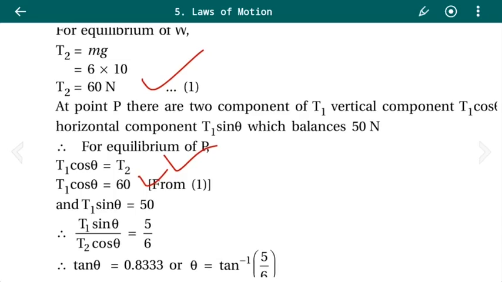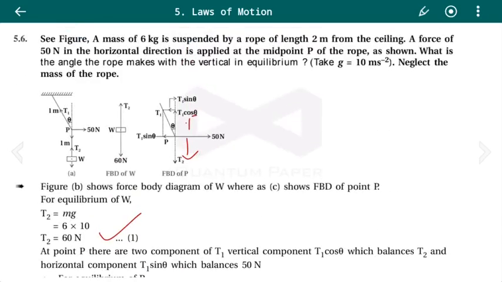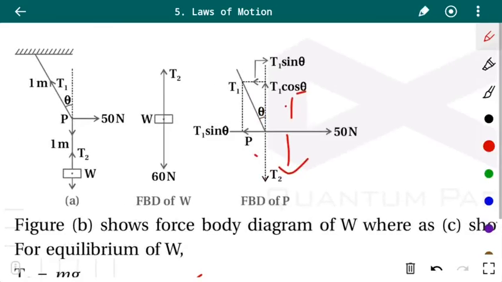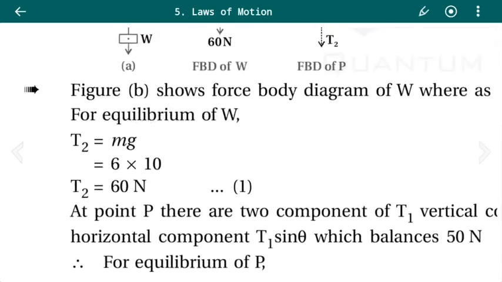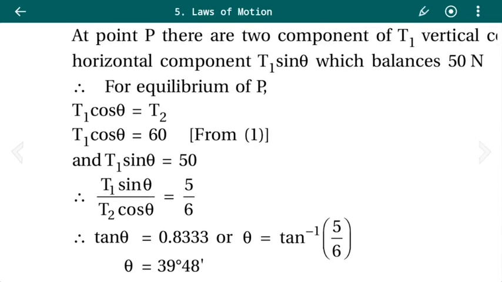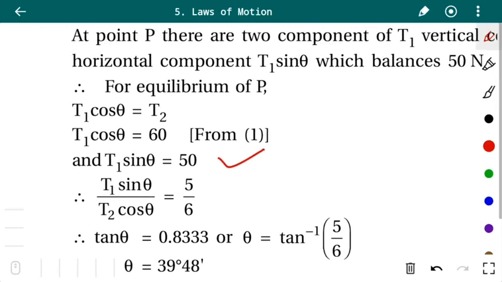Now from the figure we can see that in the horizontal direction T1 sin theta is in this direction, 50 Newton in the other direction. So we can write T1 sin theta equals to 50 Newton.